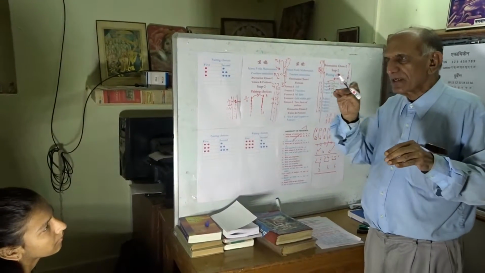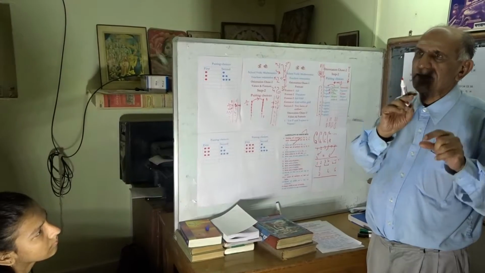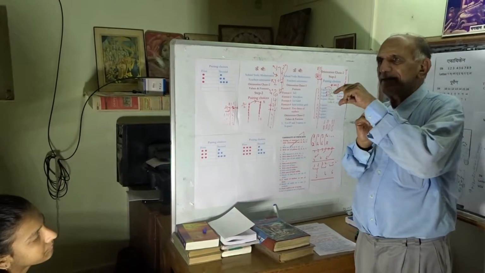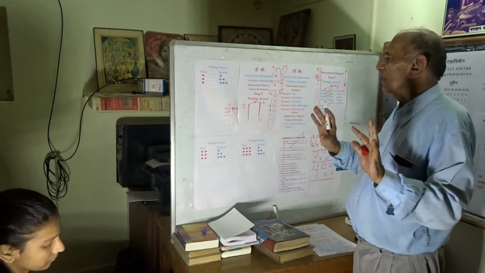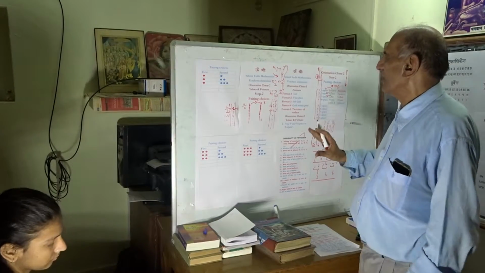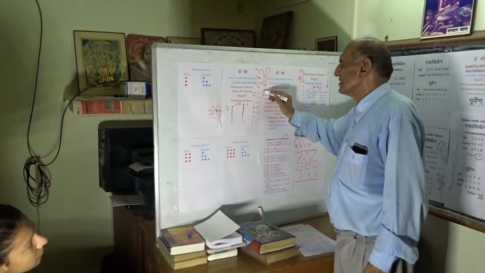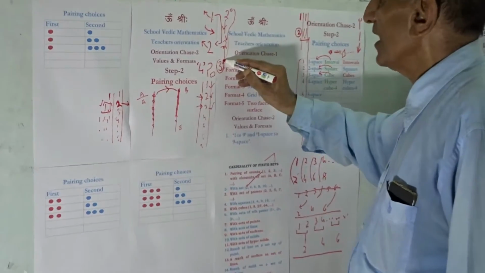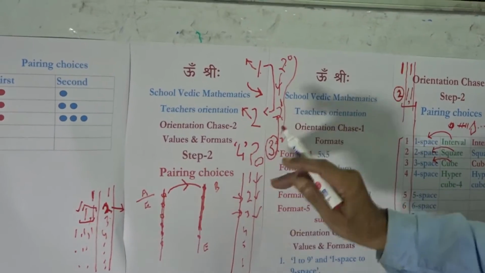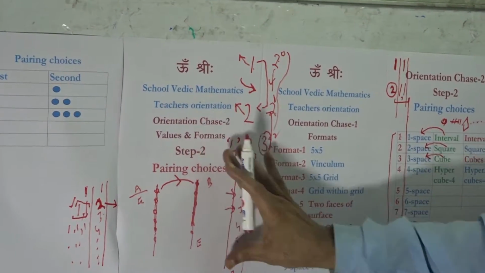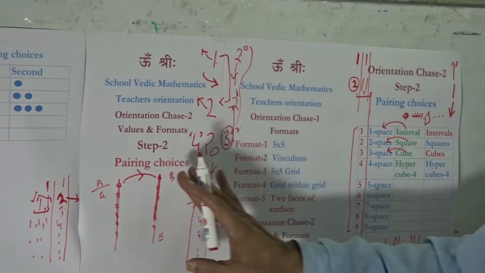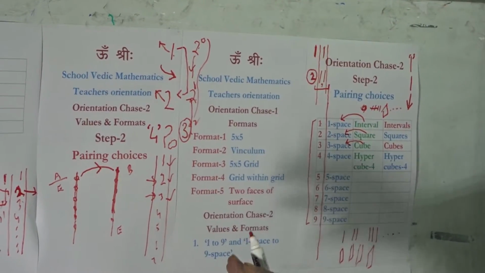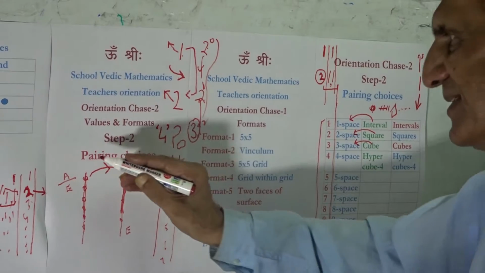If the rail is not clear, and if the train is not clear, then definitely we may not reach a particular station as we preconceived. So in mathematics, the concept is of pairing, and then the concept is pairing choices.